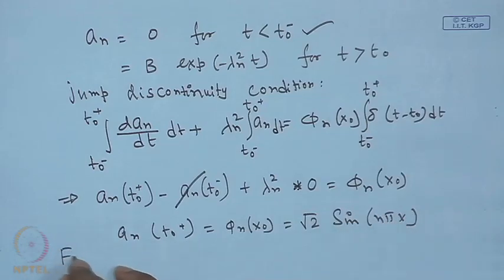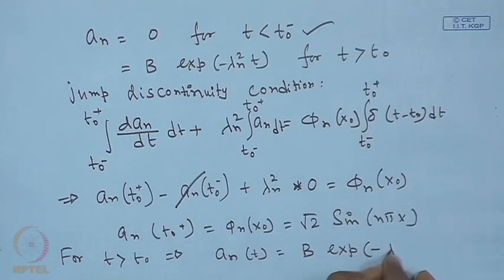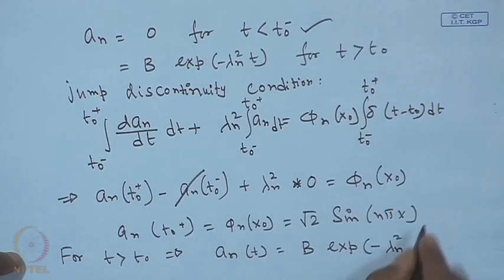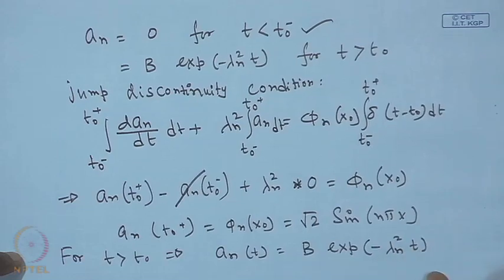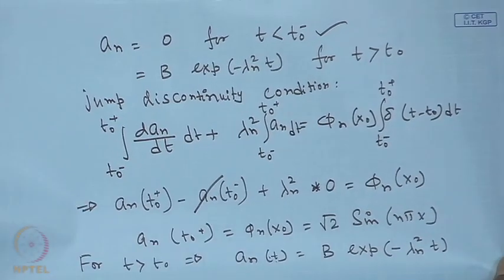For t greater than t 0, we have already seen that A n t is nothing but b exponential minus lambda n square t. So, therefore, we combine these two equations and see what we get.